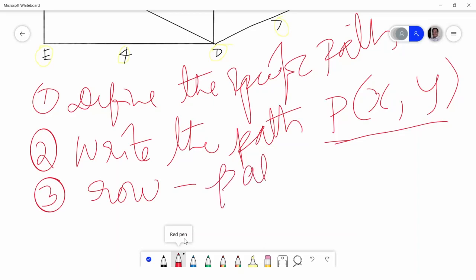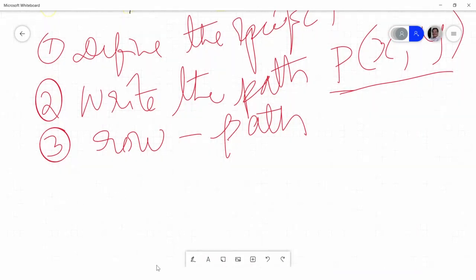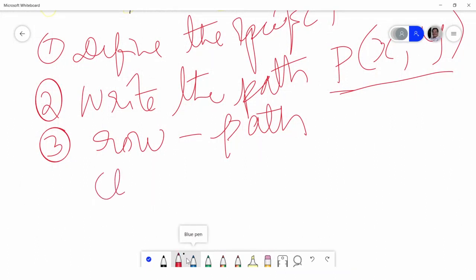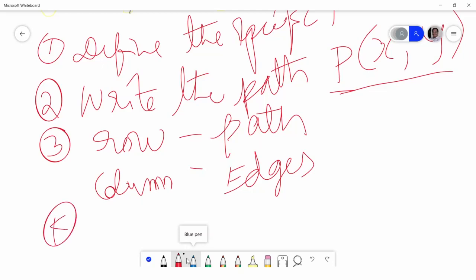Row indicates the path, and your column indicates the number of edges. Finally, the fourth point: the path P of x comma y, you can write like this.